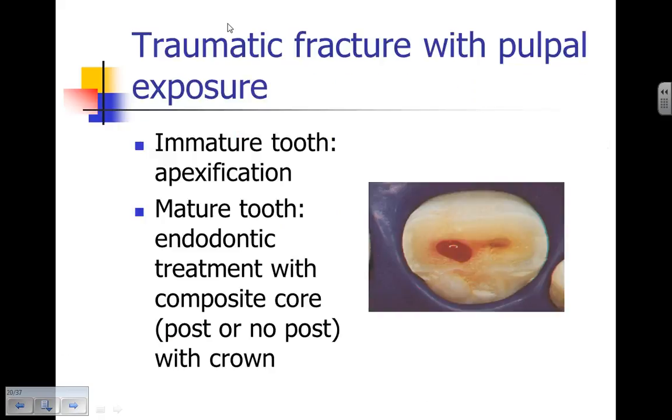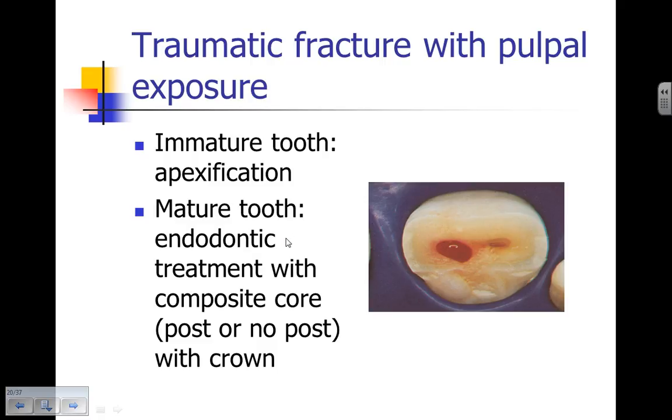What about a traumatic fracture with a pulpal exposure as we see here? And boy, that looks painful, doesn't it? We look at whether it's an immature tooth versus a mature tooth. An immature tooth means that the apex hasn't fully formed, and an apexification procedure may be necessary. You'll learn more about the apexification procedure and the use of reagents within the canal for apexification.